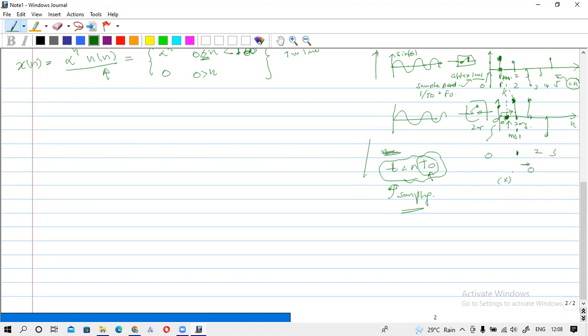But if this sampling rate and this sampling rate are equal, then this will also have a sample within 1 millisecond. So if this first sample is aligned with the other first sample, then you can multiply without a problem.